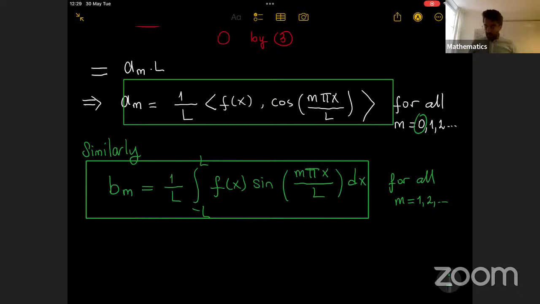All right, maybe let's stop here. Next time we will do some examples with Fourier series. We will write the explicit Fourier expansion of a periodic function with some examples.